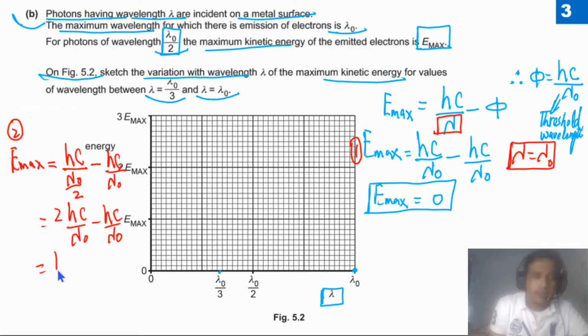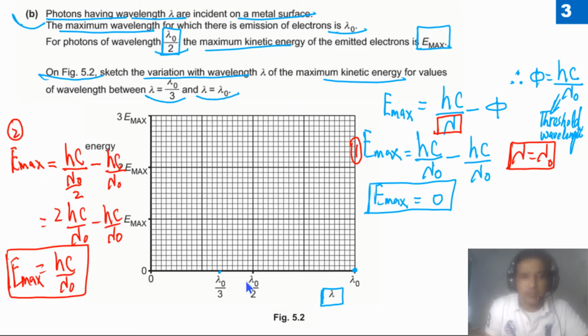So we get hc over lambda naught, which is given to us as E max. So when lambda is equal to lambda naught by 2, the maximum kinetic energy of the emitted photoelectron is equal to E max. This is the second point.